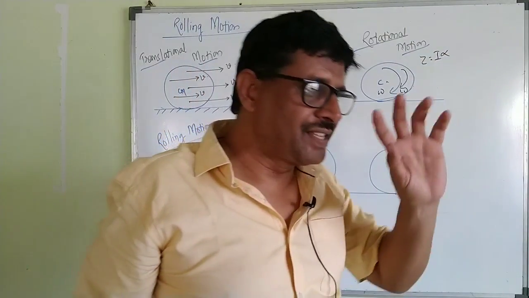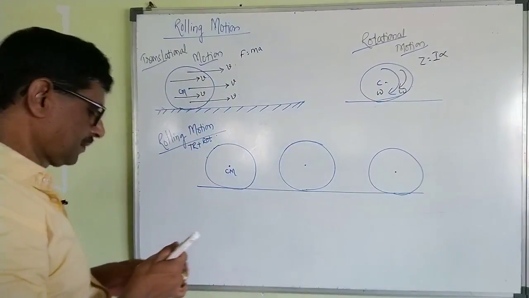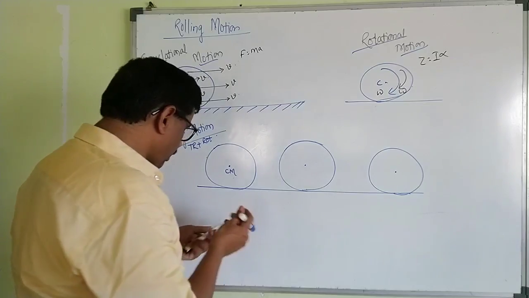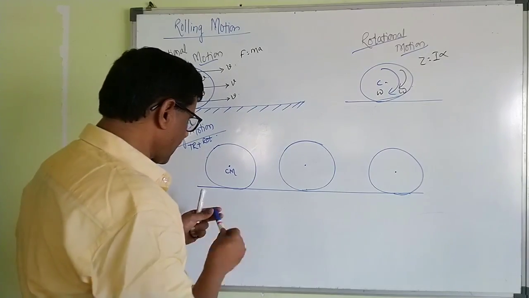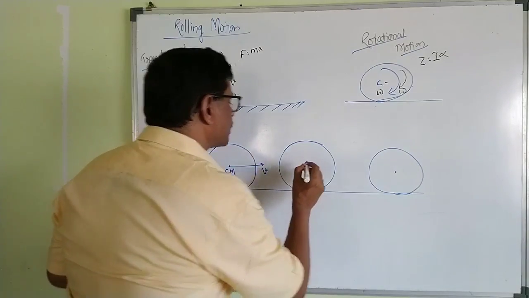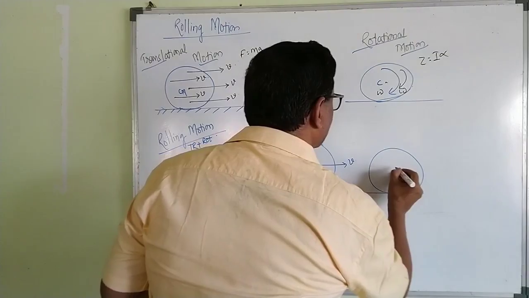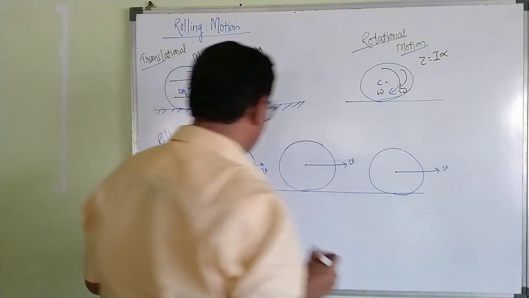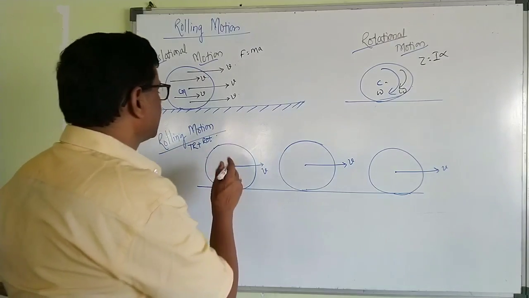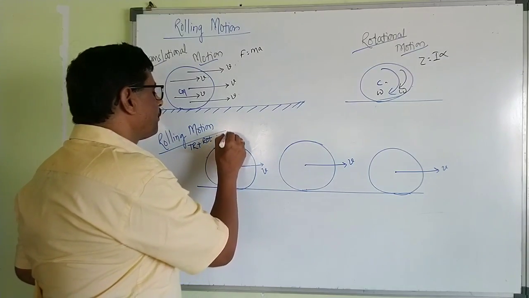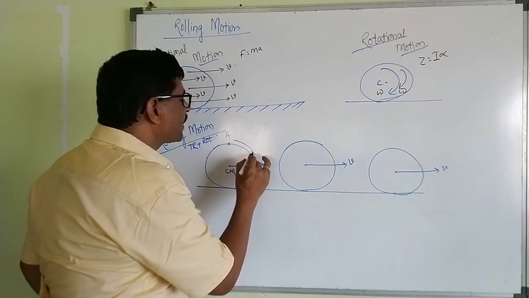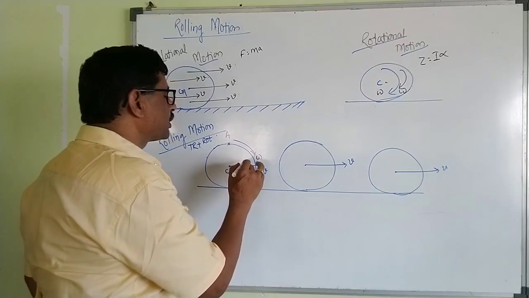But instead of that, if the object is moving in such a way that its center of mass has only translational motion, center of mass only translational motion with constant velocity v, and the remaining particles, let a particle at the top, is performing circular motion with angular velocity omega.